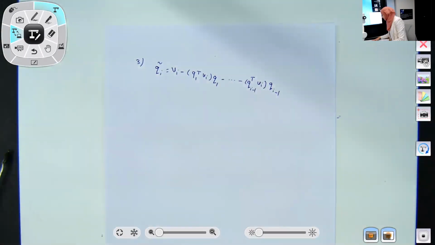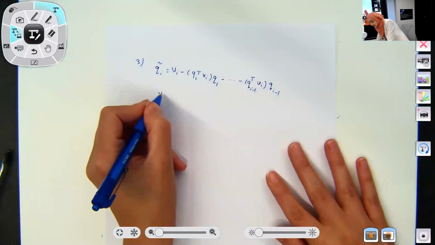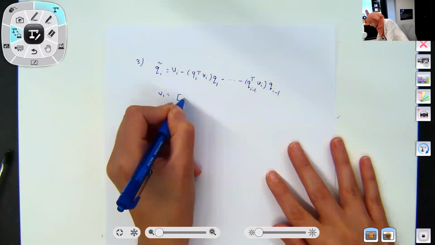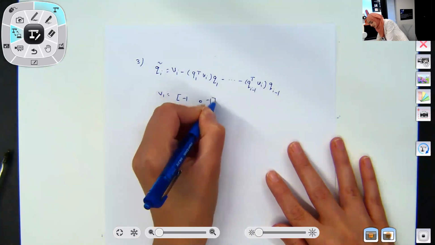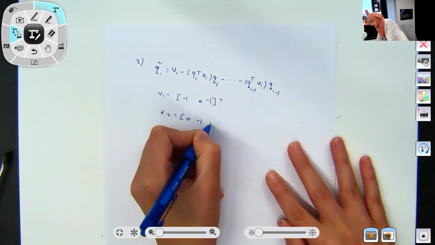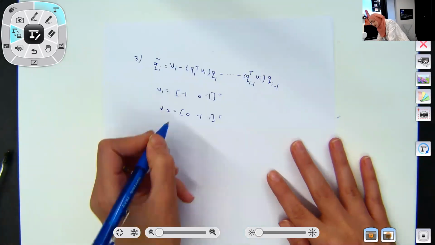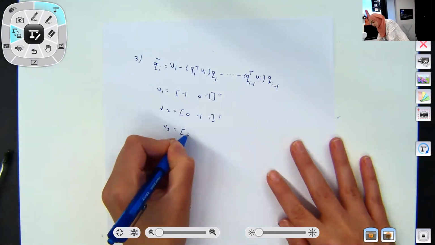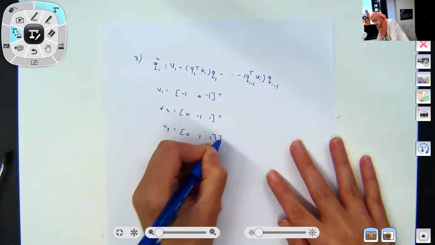And remember that v1 is the vector -1, 0, -1 transpose. v2 is 0, -1, and 1 transpose. And v3 is 0, 1, and 1 transpose.